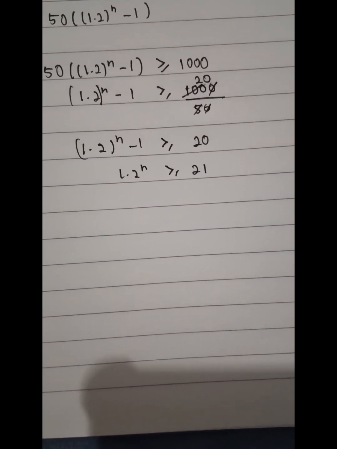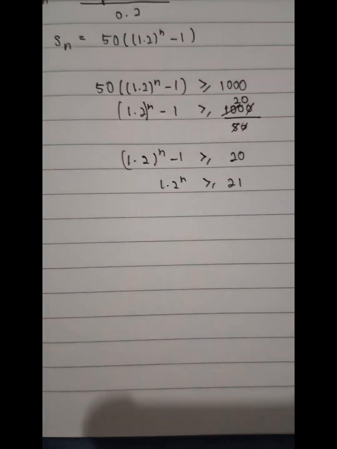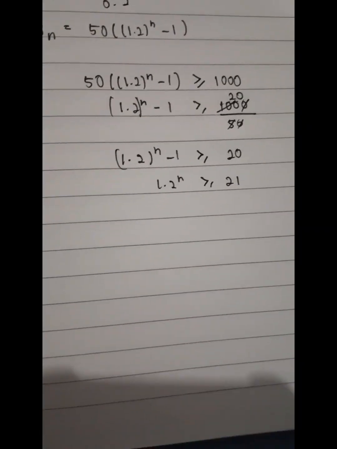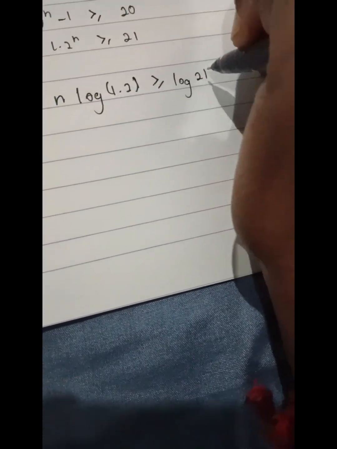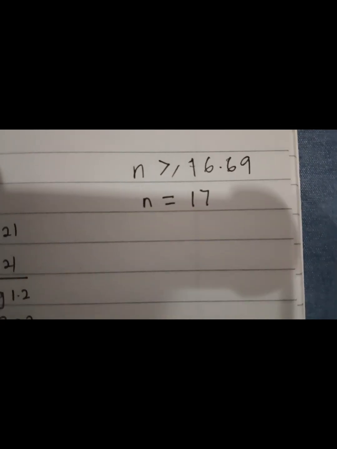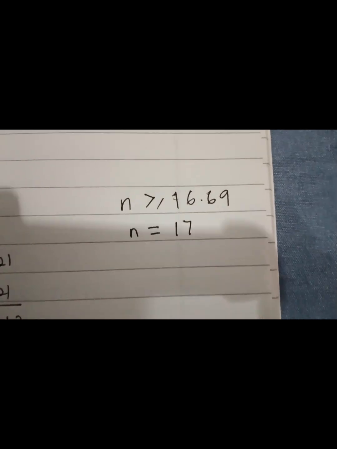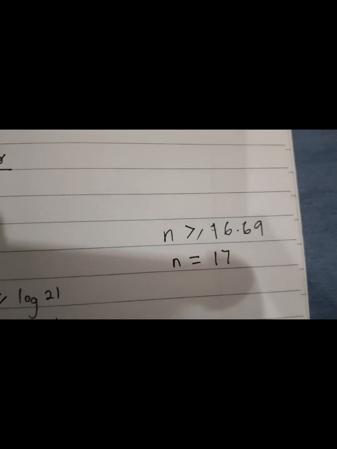To solve for n, we need to use logarithms. Take the logarithm of both sides, which means n log 1.2 is greater than or equal to log 21. So n is greater than or equal to log 21 over log 1.2. Log 21 divided by log 1.2 gives 16.69.